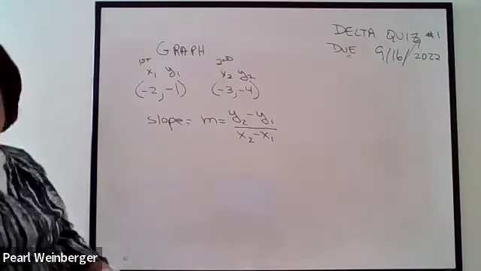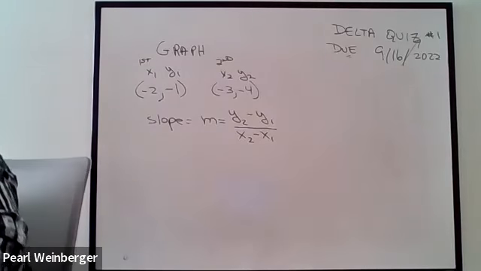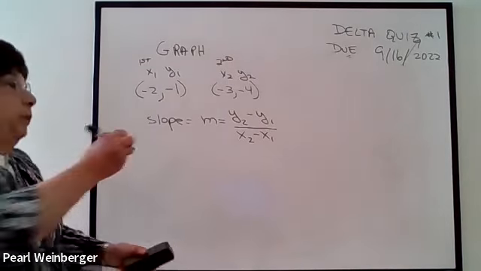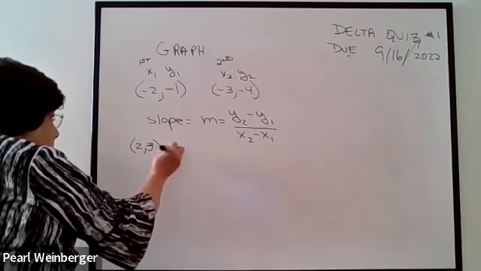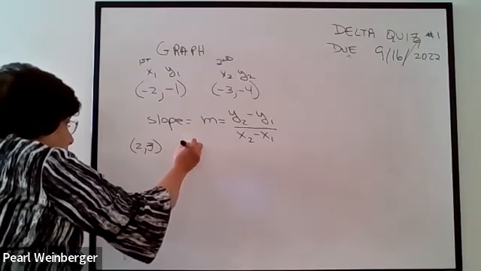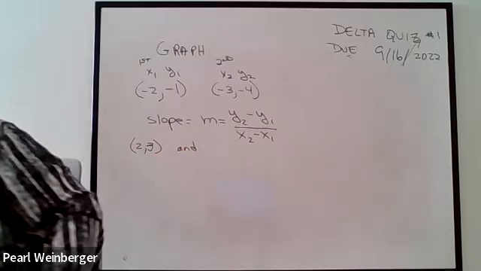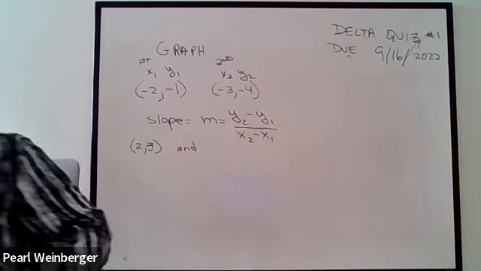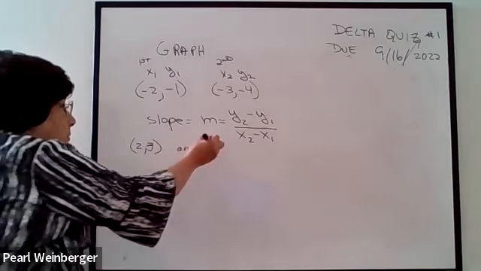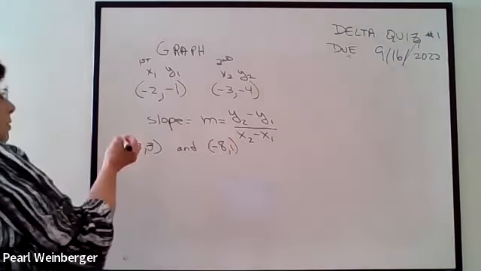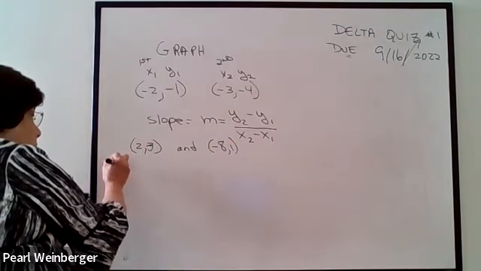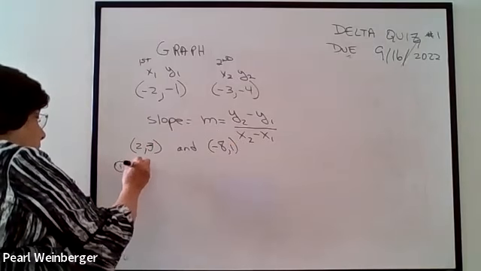What if I have a line, the 2 points that we have are 2, 3, and -8, 1. Okay, here's what I want you to do. Number 1, I want you to find the slope of the line.